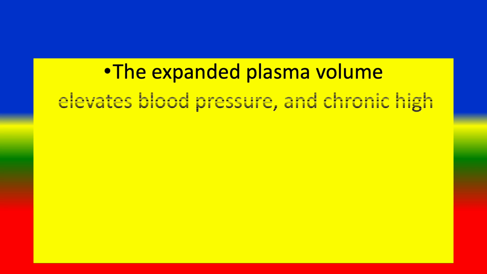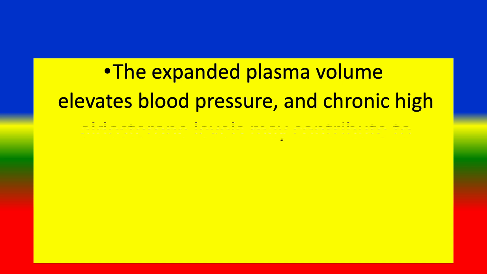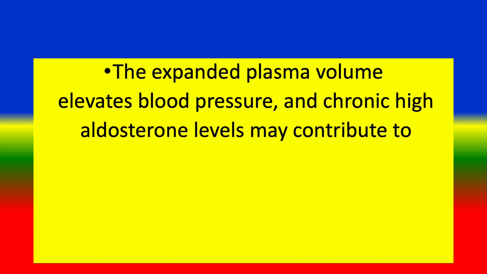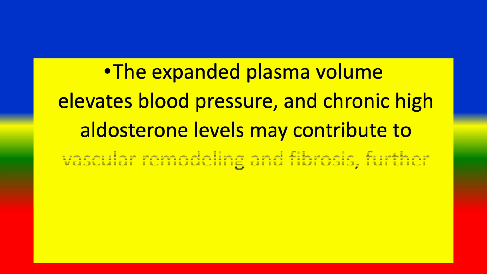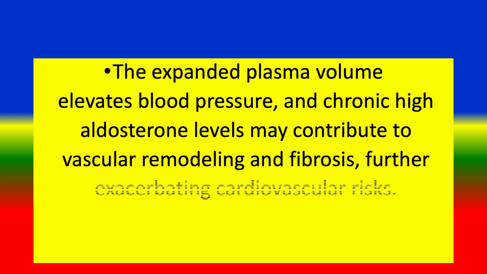The expanded plasma volume, elevated blood pressure, and chronic high aldosterone levels may contribute to vascular remodeling and fibrosis, further exacerbating cardiovascular risk.